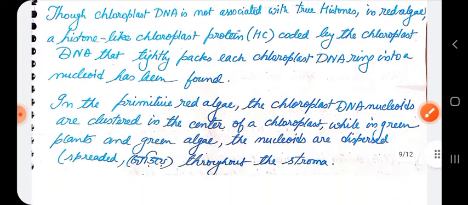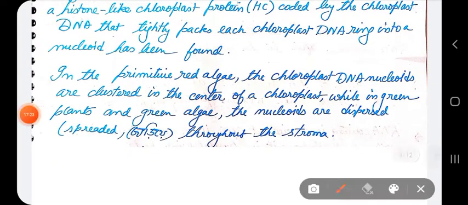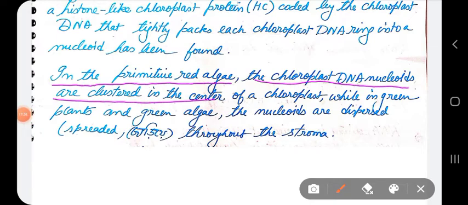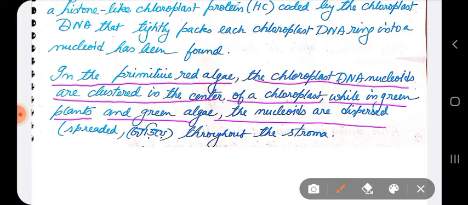So it's made during evolution, right? In the primitive red algae, the chloroplast DNA nucleoids are clustered in the center of a chloroplast, while in green plants and green algae, the nucleoids are dispersed throughout the stroma.